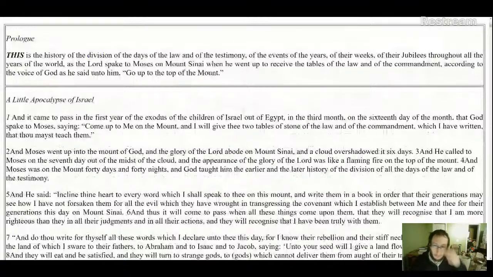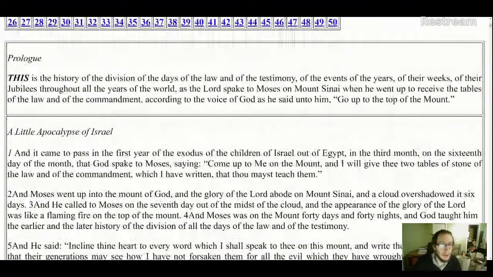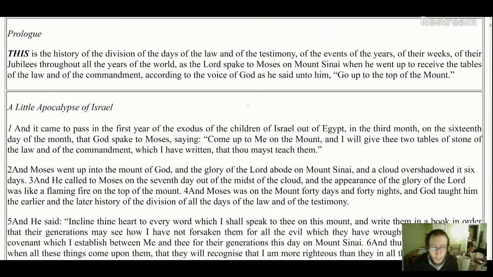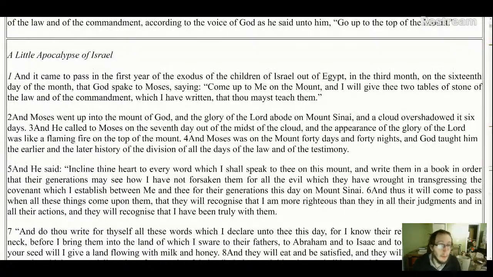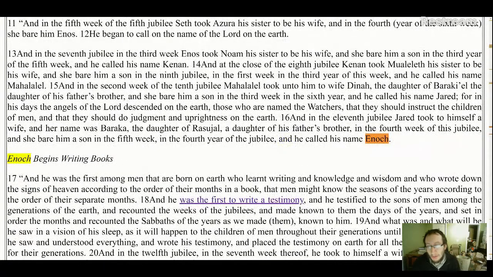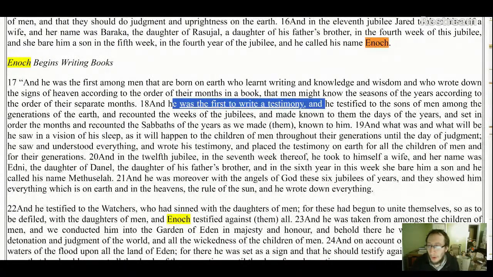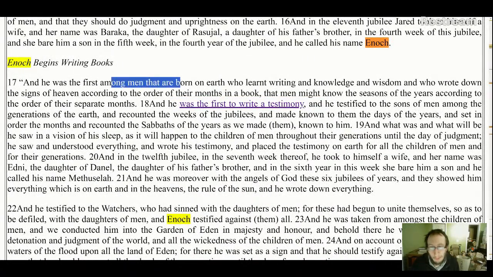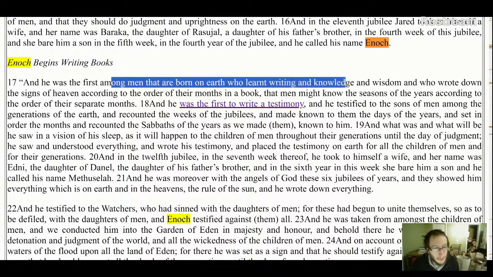So this is the Book of Jubilees, and we're just going to highlight a few portions. So, for example, we have Enoch is the first. He was the first to write a testimony, writing the books. He was the first among men born on earth who learned writing and knowledge and wisdom.